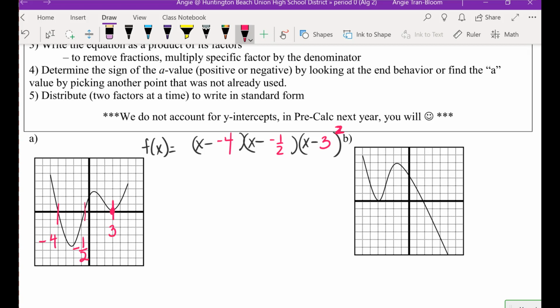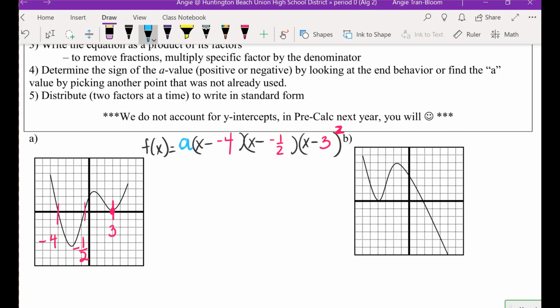Okay. Then there's an a value in the front. Again, remember all polynomials should have an a value in the front. Sometimes it's 1, sometimes it's negative 1, sometimes it's 7, sometimes a negative half, right? Congratulations, in this class we will not find a. That is going to be left for pre-calculus. But you will have to tell me whether a is positive or negative.